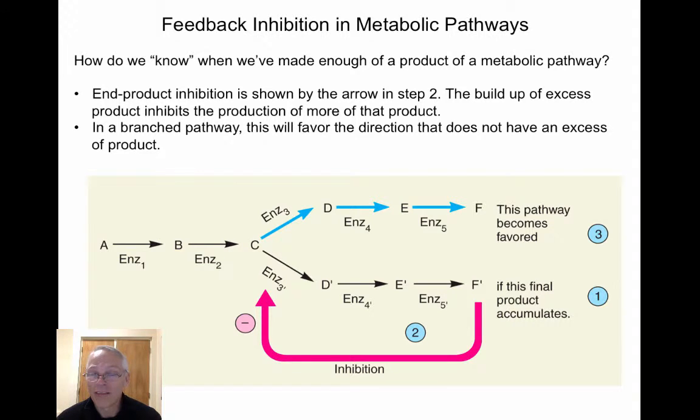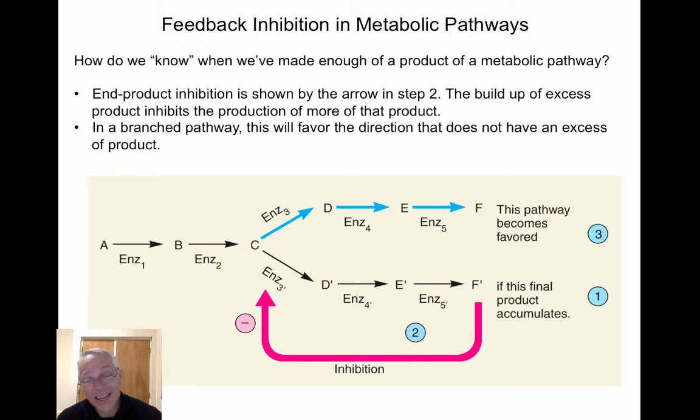Let's say we have all of the product here, F prime, that we need. If there's excess F prime building up, feedback inhibition works on key enzymes in metabolic pathways, virtually every metabolic pathway.